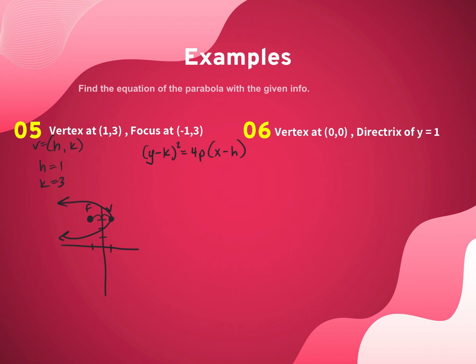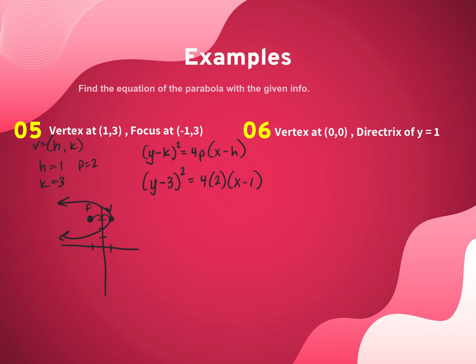And I can see that my focus is 2 units to the left of that vertex. So I know that my p equals 2 units. Okay? So now my equation is going to be, I'm going to plug in my k, y minus 3 squared equals 4 times 2 times x minus h, which is 1.